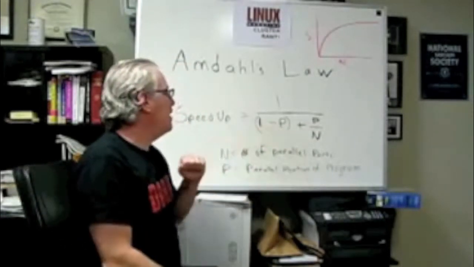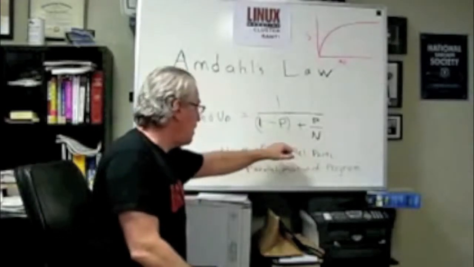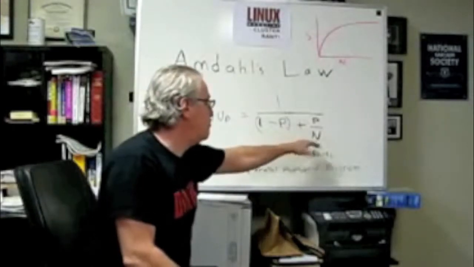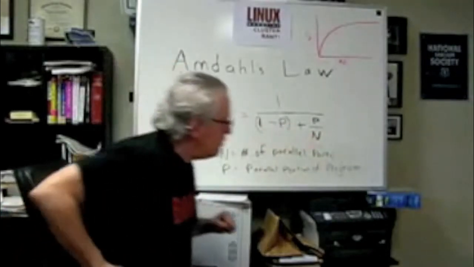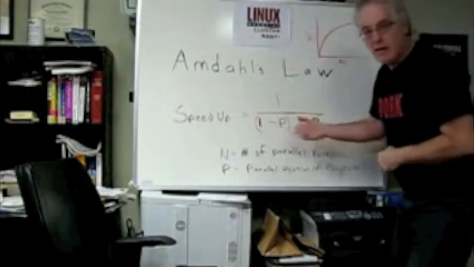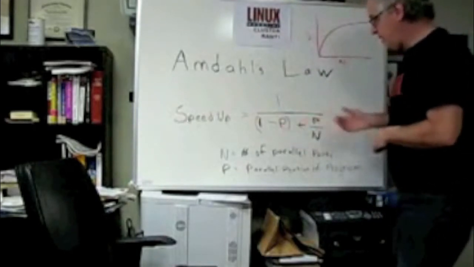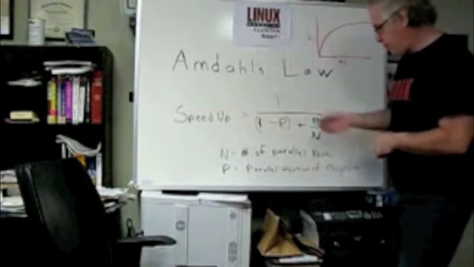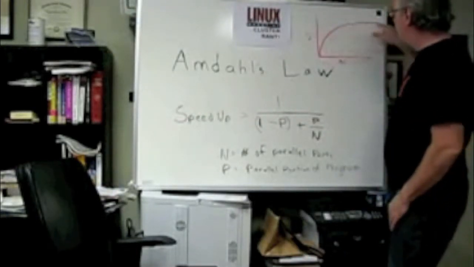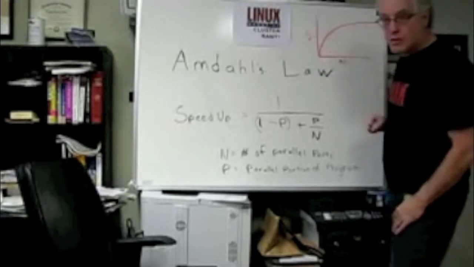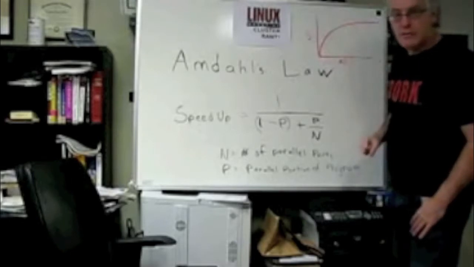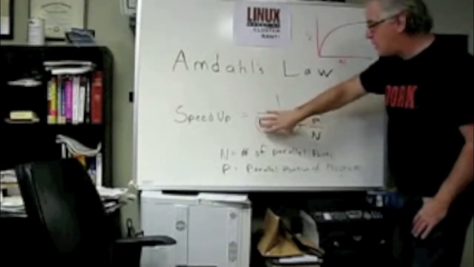What happens, however, is it tells us when we start making n bigger and bigger and bigger. If we solve this for a single value of p and various values of n, we always get a curve that looks like this, which is a diminishing return, which says at some point things are not going to speed up any faster than the sequential portion.